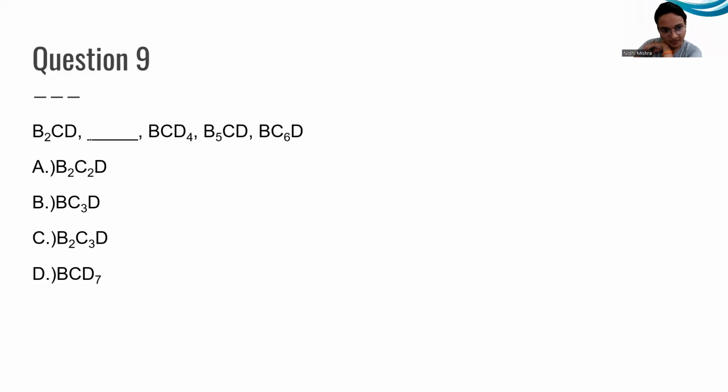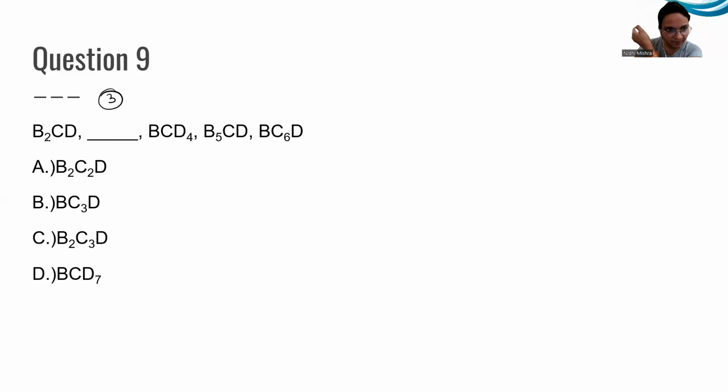B2CD. Okay, what should be here? I don't know. BCD4. B5CD. There's a difference of 1. Something should be here: 4, 5, 6. So here should be 3, in the power. Now let's see.